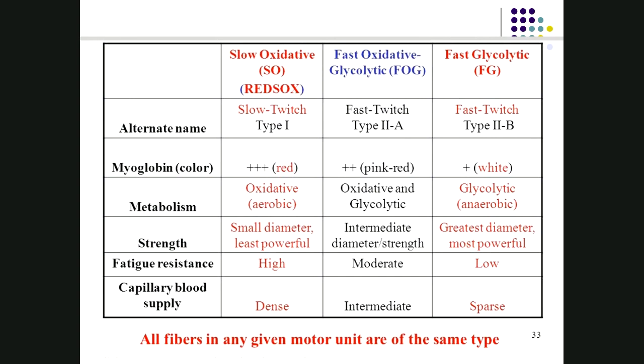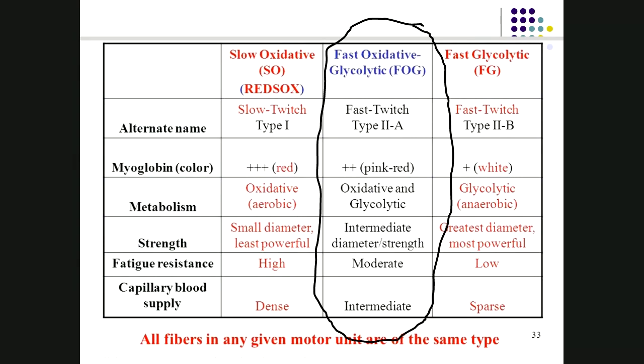And then we have these middle fibers. Well, these are sort of in the middle of everything. Look, they do oxidative, but they also do glycolytic. They're medium fast. They're medium in terms of fatigue resistance.